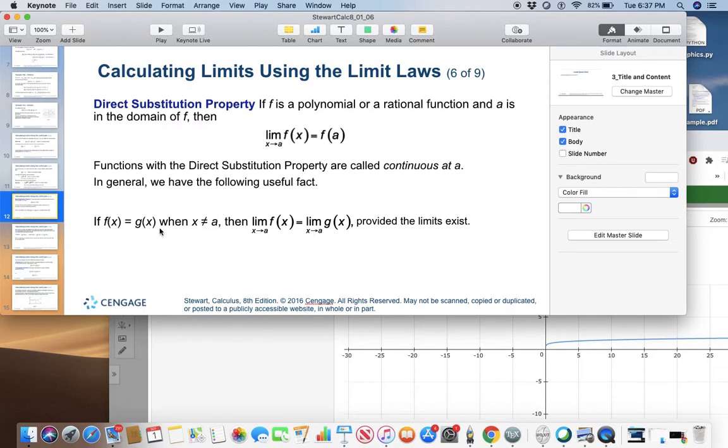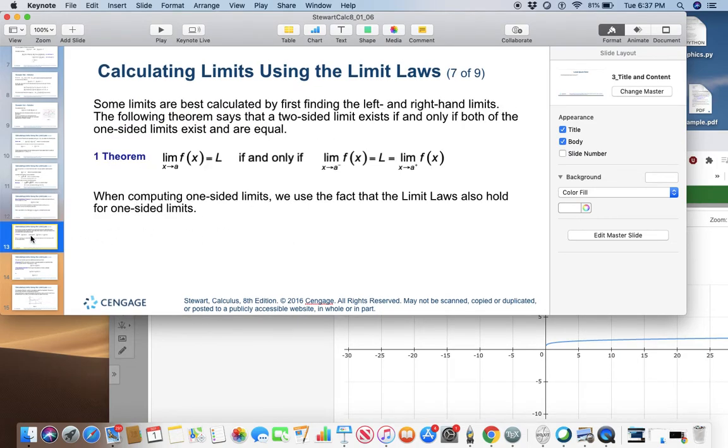If f of x equals g of x for all x not equal to a, then the limits also have to be equal, as long as the limits exist. This is an important rule. Okay. Here is an important theorem.